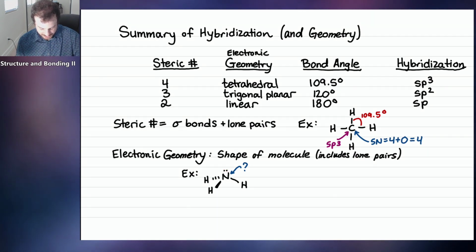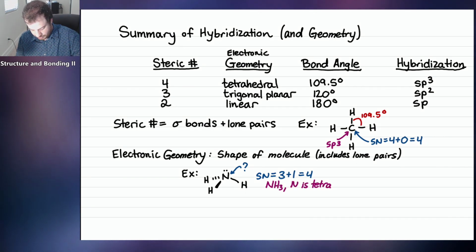So the steric number is 3 sigma bonds plus 1 lone pair. Be careful, it's lone pair, not electrons. Pair meaning 2 electrons. So 3 plus 1 equals 4. So the steric number is 4. That means that the nitrogen in NH3 is tetrahedral. And what's the hybridization? sp3 also.